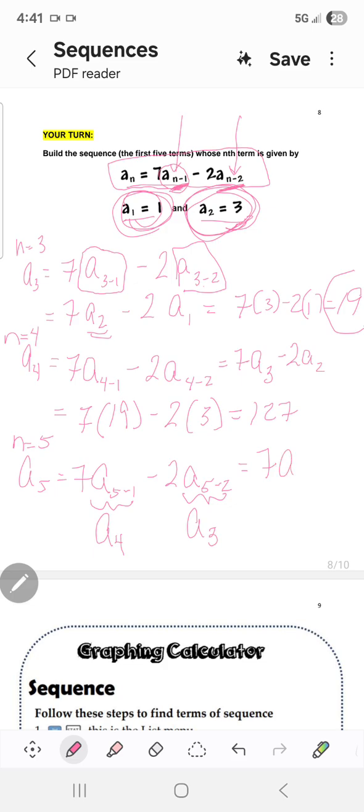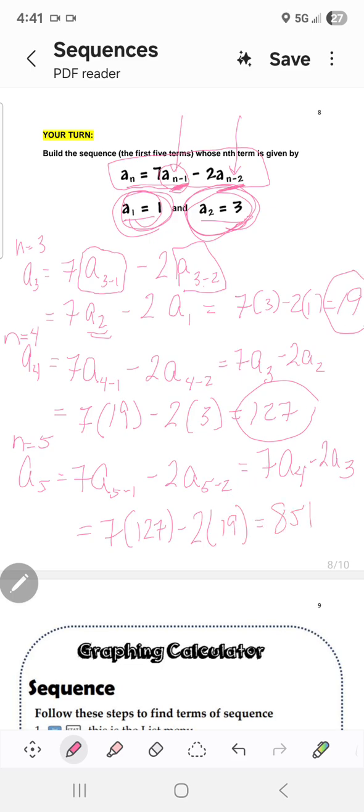So I've got 7 times a4 minus 2 times a3. I found a4, the one before, right? So 7 times 127 minus 2 times a3. We found that one. It was 19. So 851.